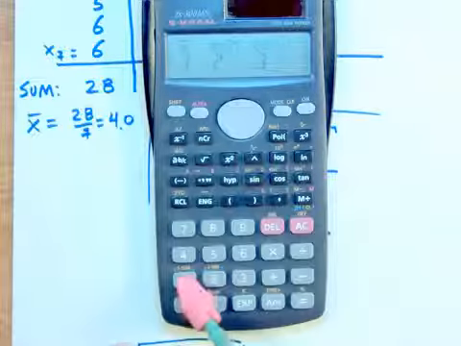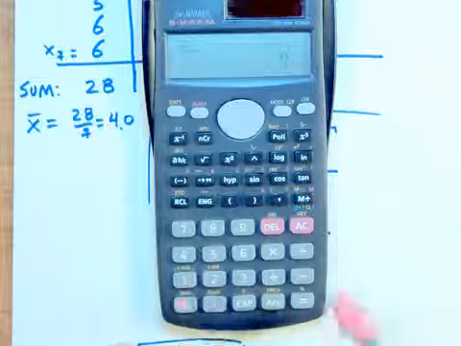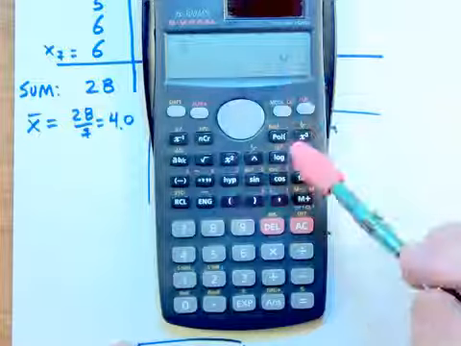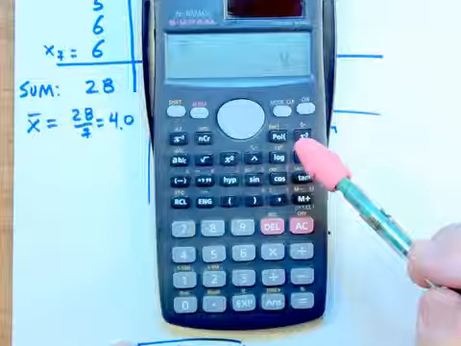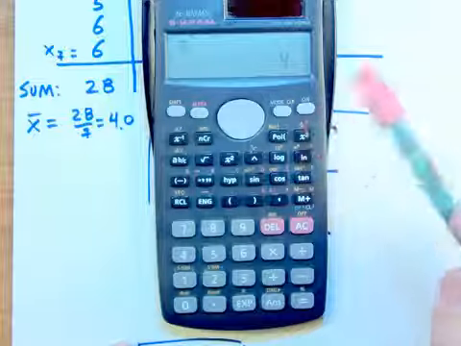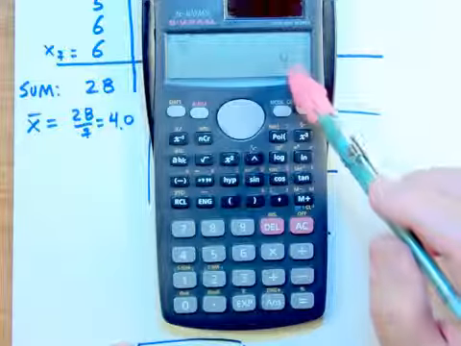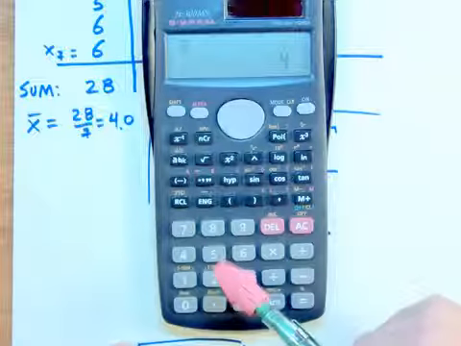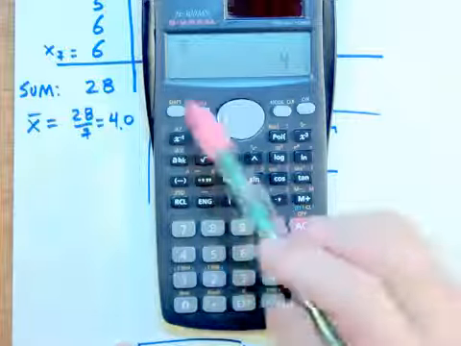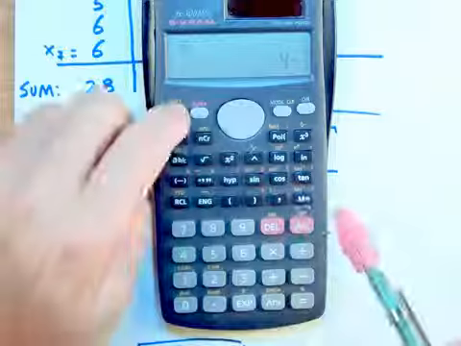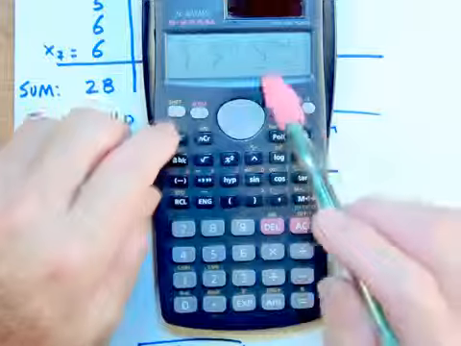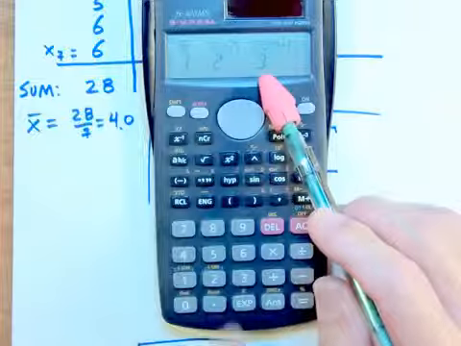So just press 1, and it's giving us 7, but let's press equals, it's giving us 4. Earlier it was displaying 7. I think it's telling us that 7 is the number of data points, but it's important that you get 4. Now let's get the sample standard deviation. So press Shift, 2, and now we want to enter choice 3.